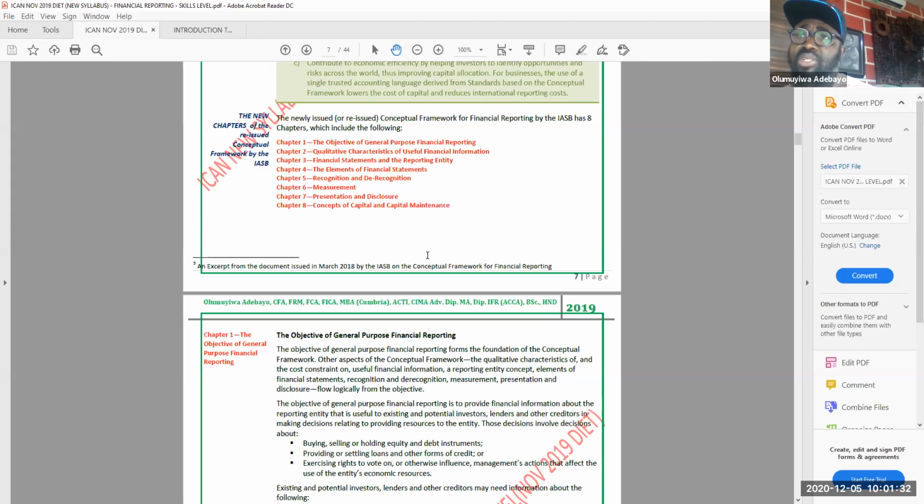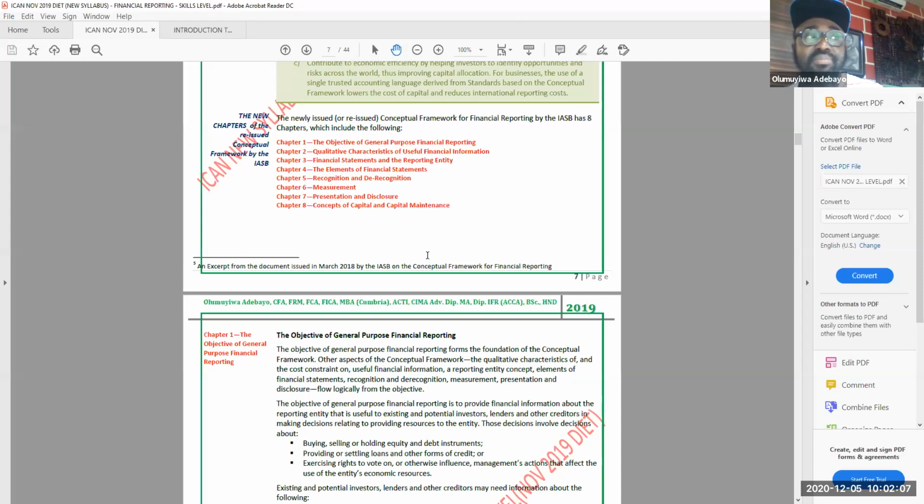Chapter 4 talks about the elements of financial statements, where we will look at elements of financial position and also elements of financial performance, which represent measures of companies' activities and operations over time. Chapter 5 talks about the principle of recognition and the recognition of items which constitute elements in a financial statement.